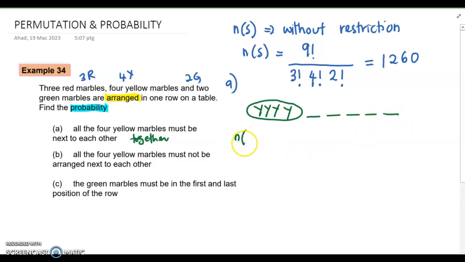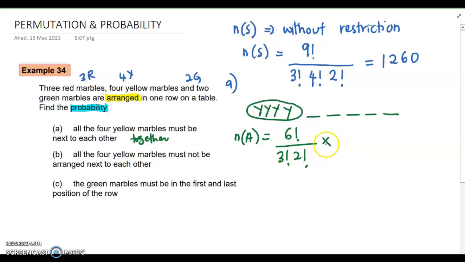So the number of event A is equal to 1, 2, 3, 4, 5, and 6, so 6 factorial. Among the red and green, we have identical marbles, so divided by 3 factorial and 2 factorial.